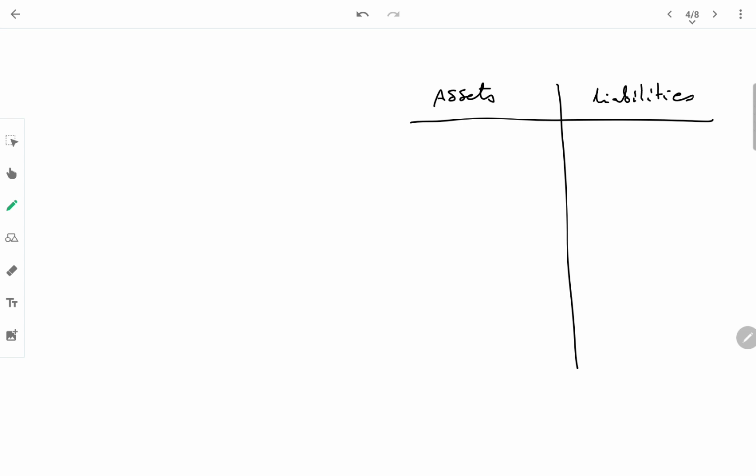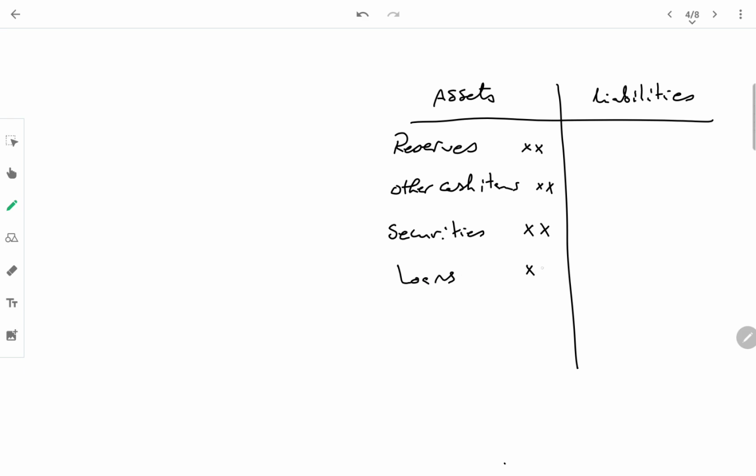The main assets are reserves, other cash items, securities, loans, and finally fixed assets.